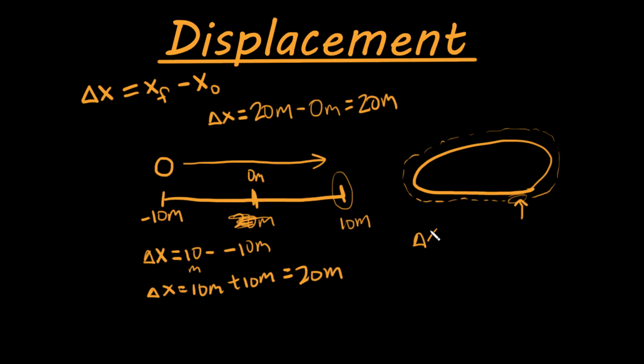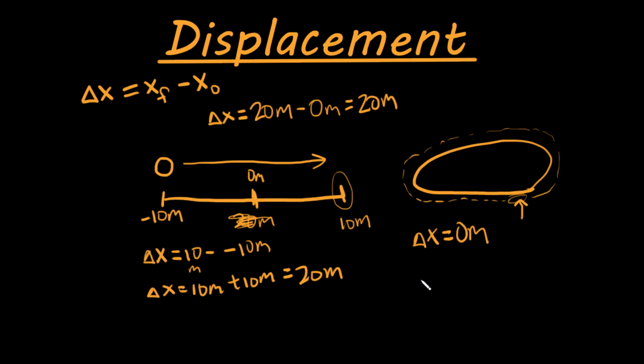So change in x would be equal to 0 because our final position was here and our initial position was here. So that minus that would just equal 0 meters. We weren't displaced at all. If we ended up, say here, for example, then we would have some displacement. But because we started here and ended here, our displacement here would actually be 0.